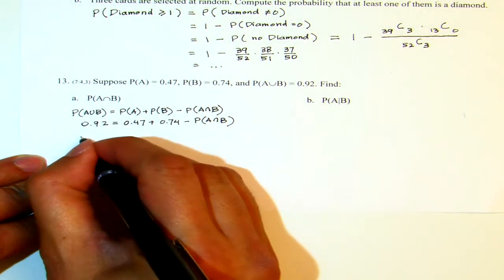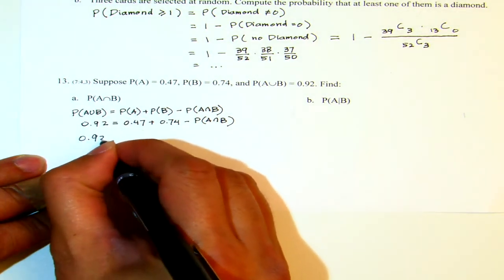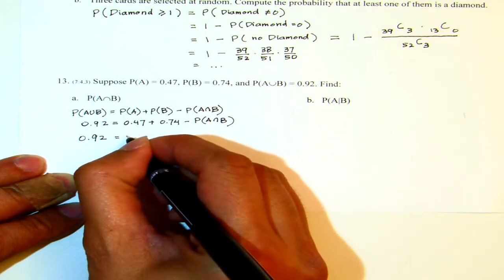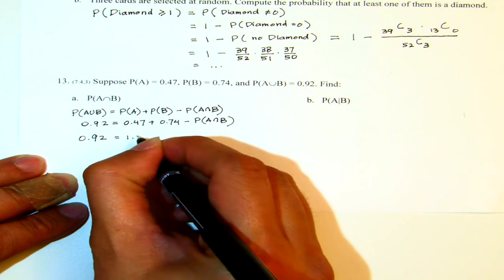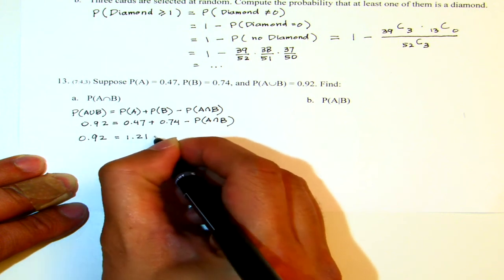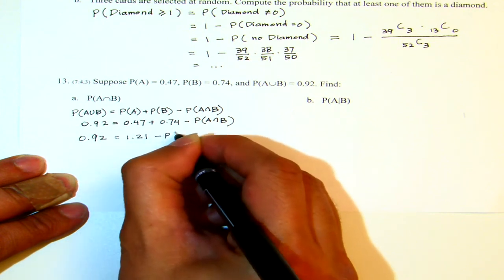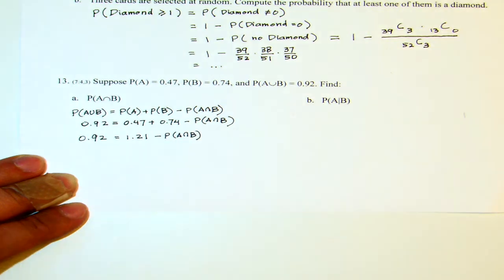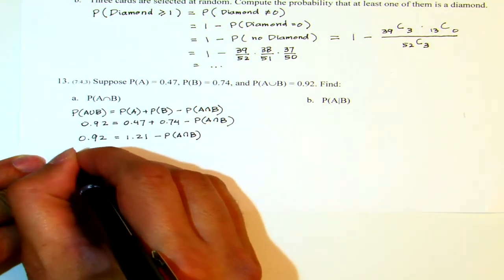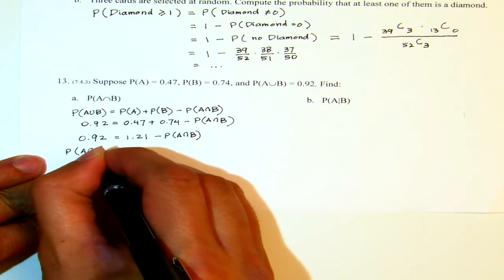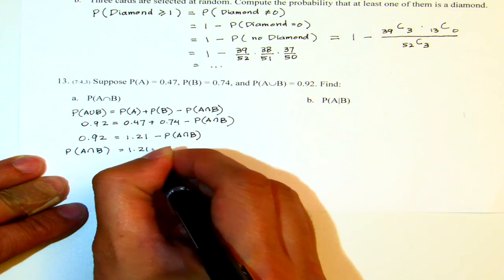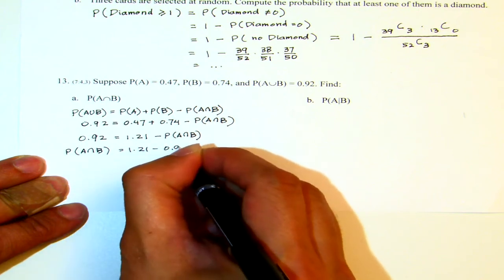Now then, 0.92 equals, let me add this, 1.21 minus probability of A intersection B. Okay, therefore the probability of A intersection B equals 1.21 minus 0.92.